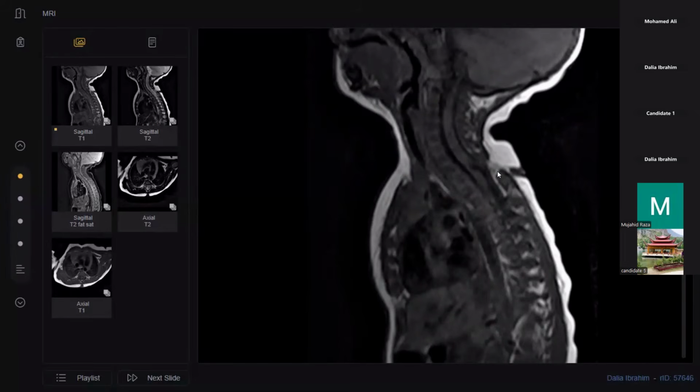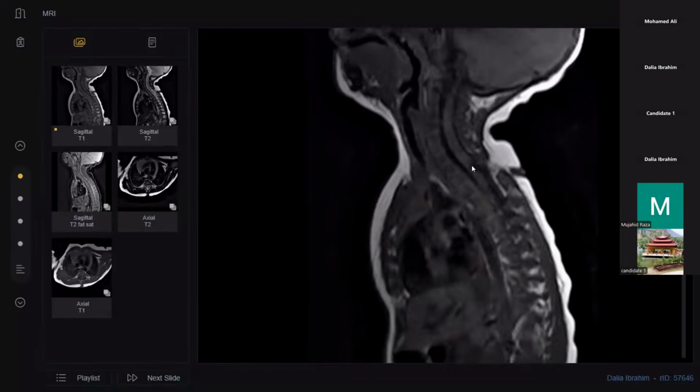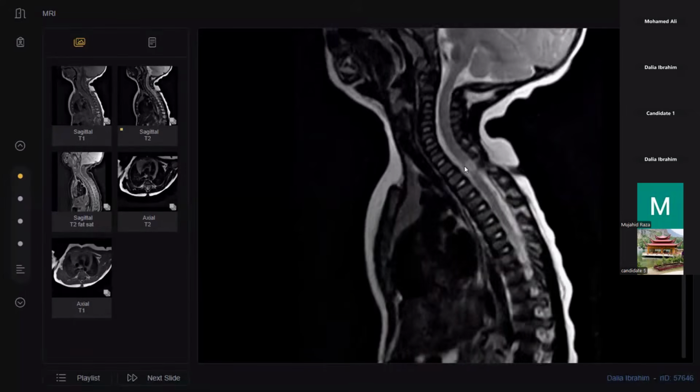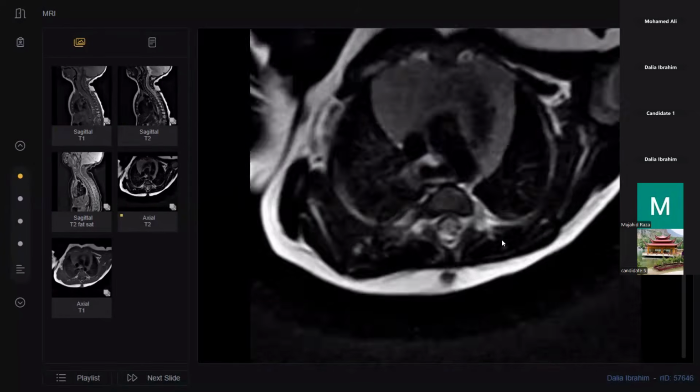Again, it's very similar to the first case. We have a fibrotic stalk extending and attached to the dorsal aspect of the spinal cord at this level, leading to tethering of the spinal cord, like the first case, and focal syringomyelia in this part. Exactly. I can show you the axial T2.